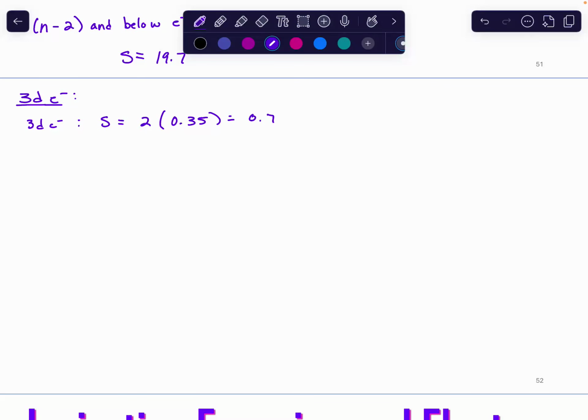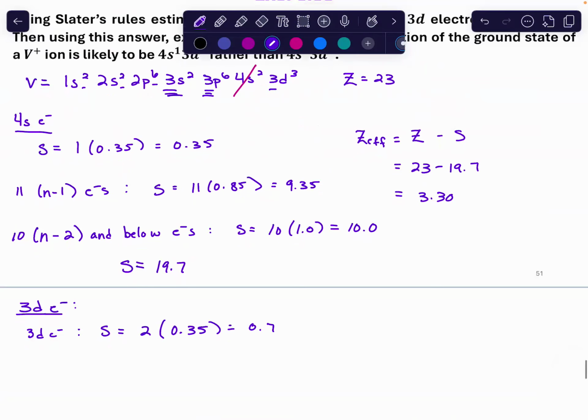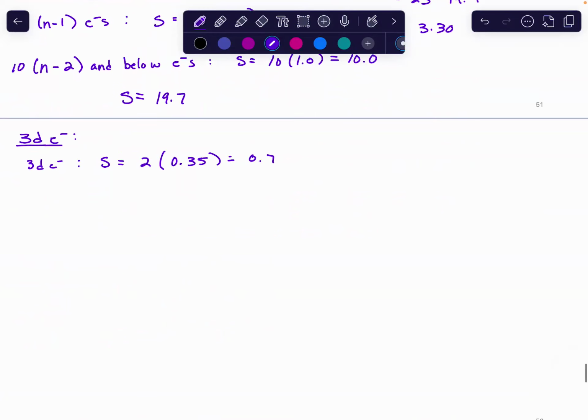Okay, that means that I'm even going to consider the 3s and the 3p electrons, as those are going to be lower in energy than the 3d, because your nd, nf group will be higher in energy than ns, np. So that means I have a total of 18 electrons in lower groups.